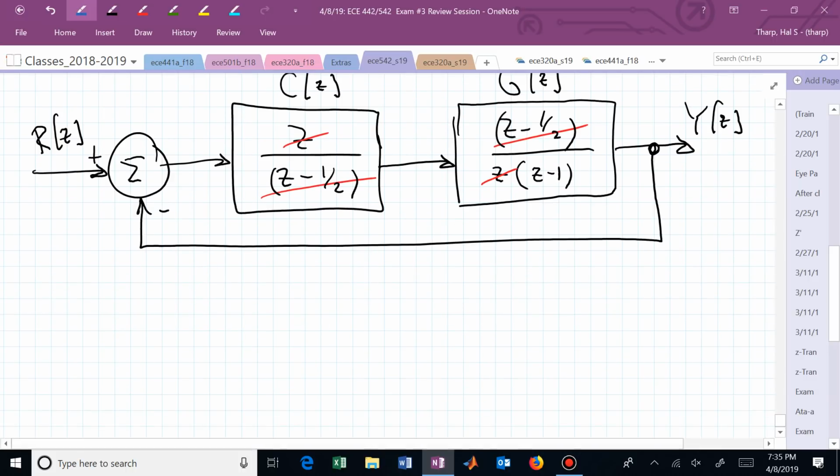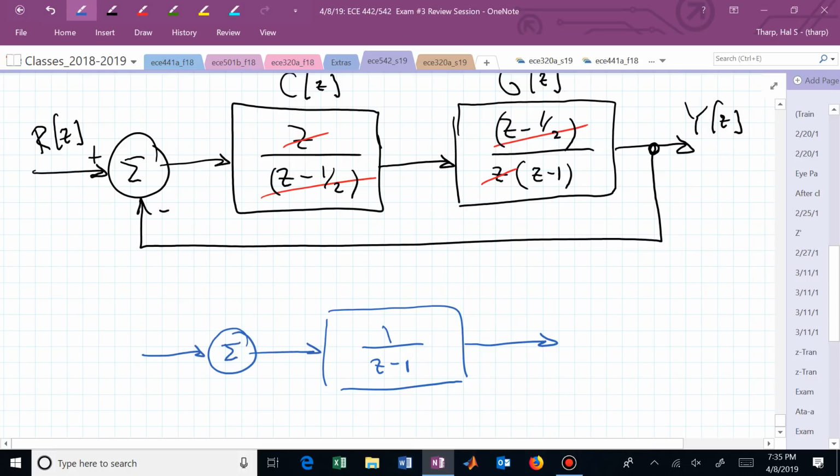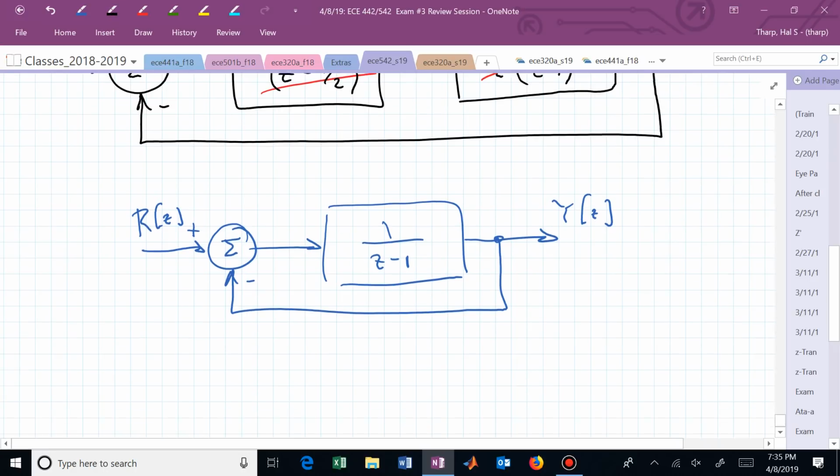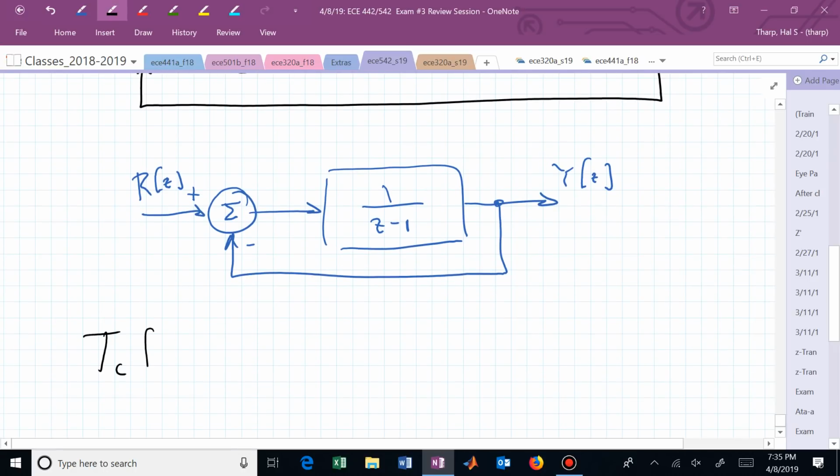We now have boiled this down with the plant controller combination we have in the forward path, 1 over z minus 1, in this closed loop configuration. Now that we have that, we can use our T sub c of z formula if we wanted to. We know that that's 1 over z minus 1 over, so it's g bar over 1 plus g bar.